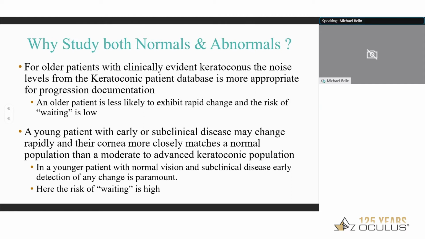But in that young patient with very early or subclinical disease, we theorize that the noise levels more closely match a normal population than one with moderate to advanced keratoconic disease. Also, we know younger patients have more rapid change, and here the risk of waiting is high. So we have two different populations that will allow us to compare.